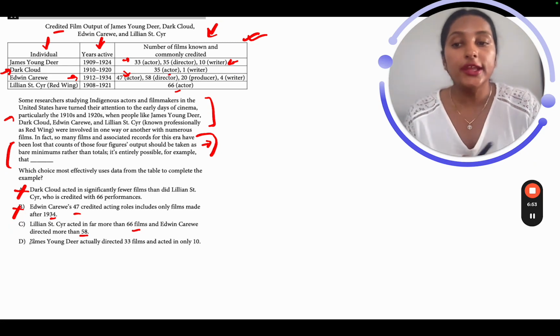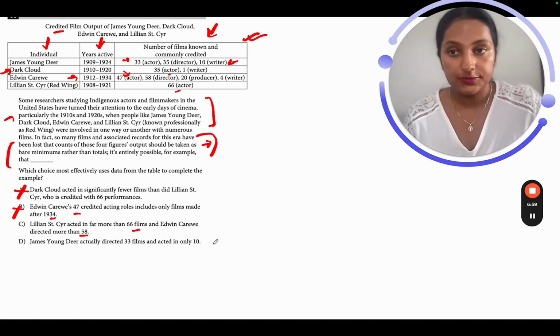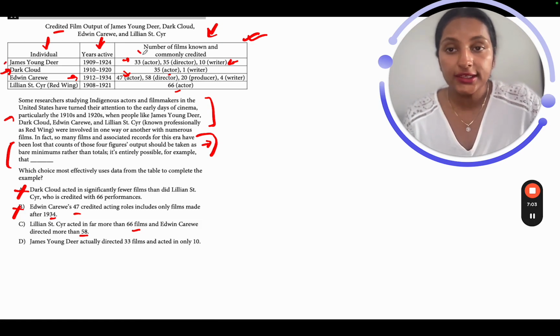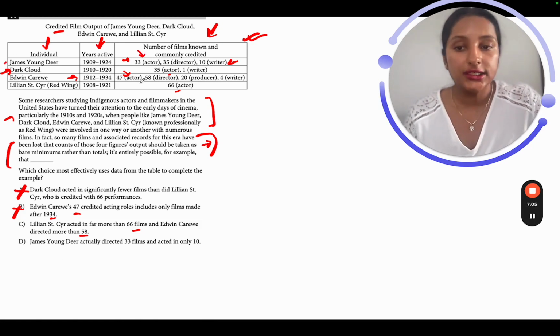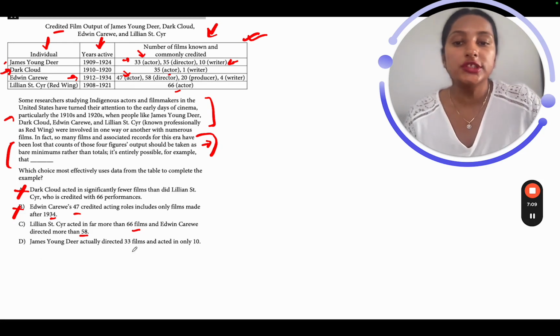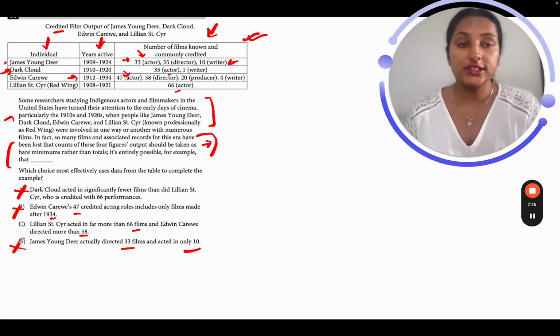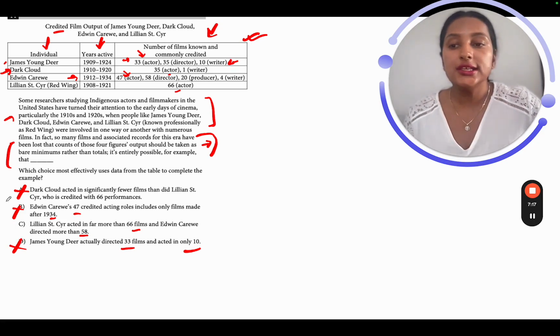I'll still go ahead and eliminate choice D. James actually directed 33 films and acted in only 10. Now, if you look at James' information, he acted in at least 33, and he directed 35. So first of all, the data given here is definitely incorrect, and this is also not taking care of the more aspect that I really need to show as an example. So, very clearly, C is the right choice.